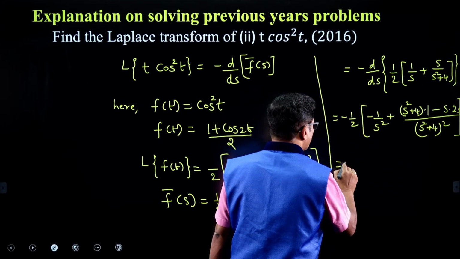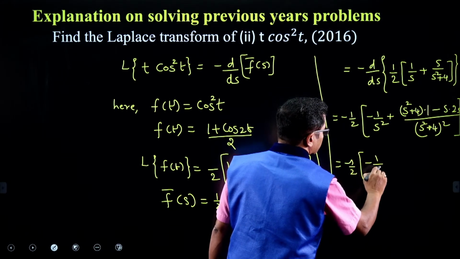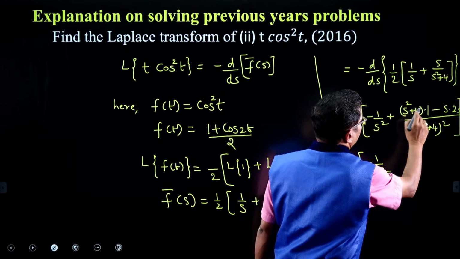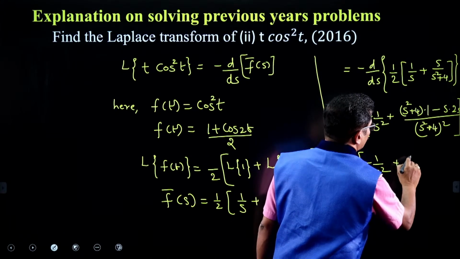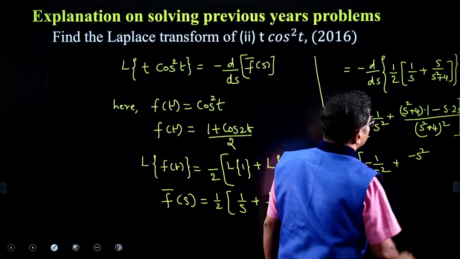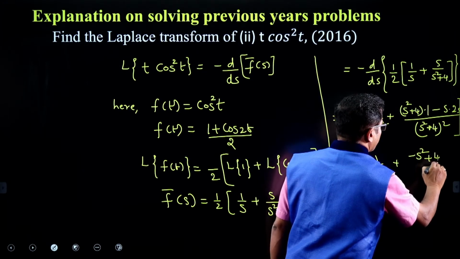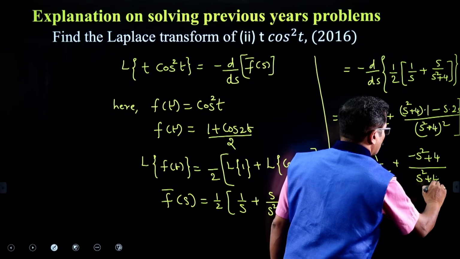So it equals minus 1 by 2 into minus 1 by s square plus. Now simplify: s square minus 2s square is minus s square plus 4, by s square plus 4 whole square.